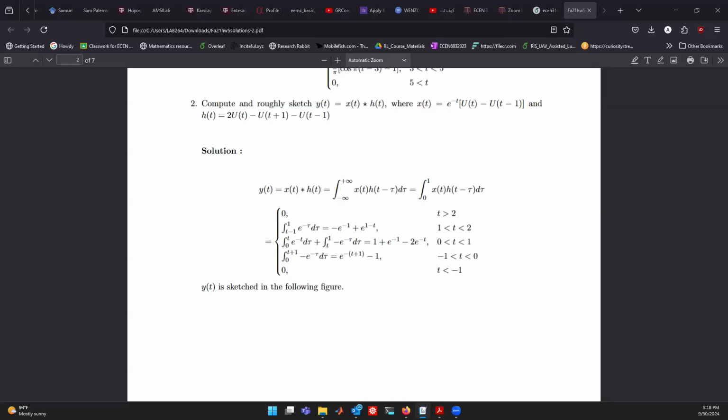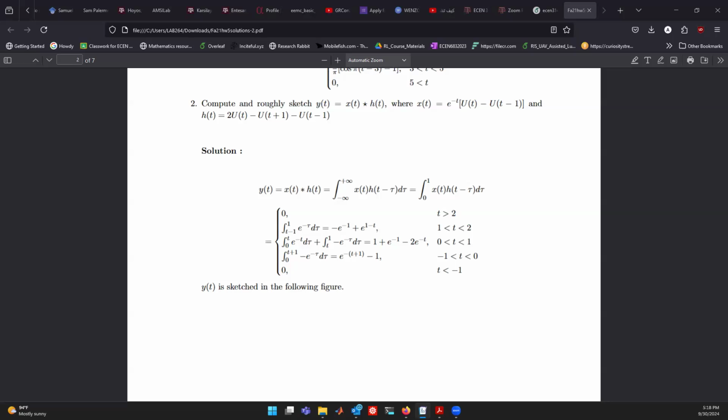The next interval, we have two integrals. From 0 to t of exponential minus tau, so minus exponential minus tau between 0 and t, plus minus exponential minus tau, so minus will become positive, and the integral will be minus exponential minus tau between t and 1.